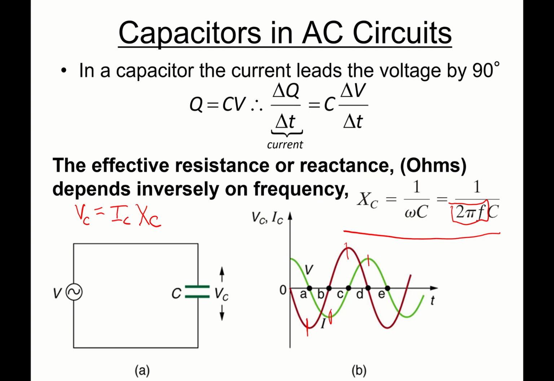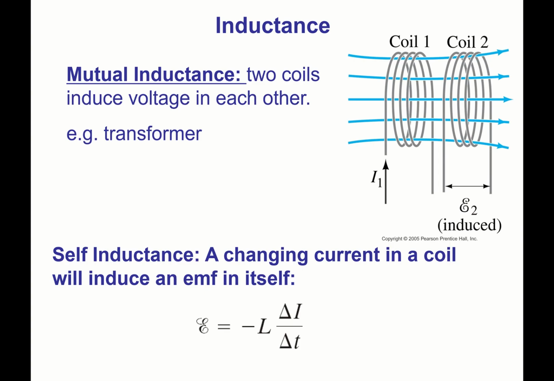And you see that the current leads the voltage. So the current is at its peak, its lowest peak down here, before the voltage gets there. Same thing, the current gets to zero at B before the voltage gets there at C. Okay, so the current is leading the voltage.